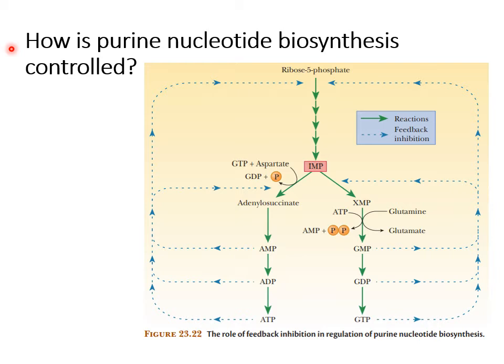So one molecule can prevent the expenditure and waste of so many resources and energy to create a lot of different molecules. Okay, so feedback inhibition is how purine nucleotide biosynthesis is controlled, and it's a very effective, efficient means of inhibition.